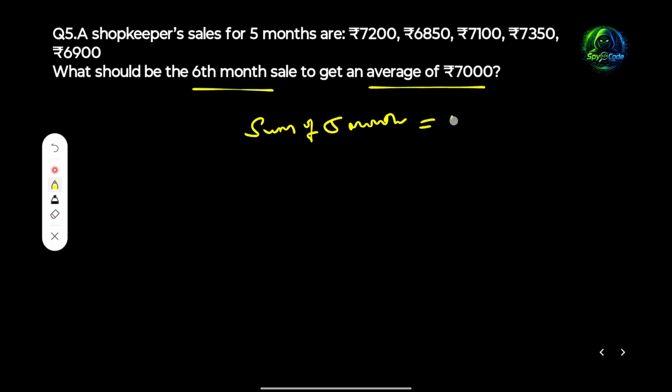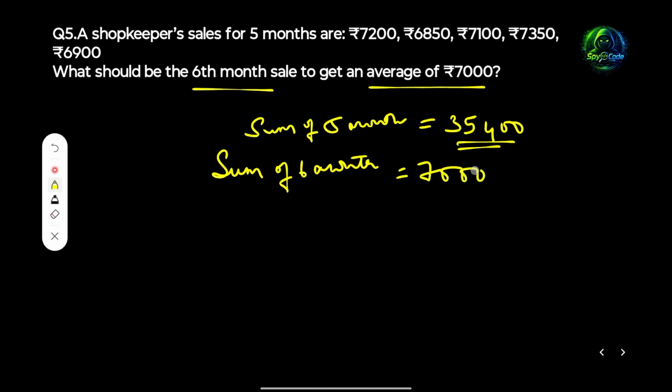Upon calculating this, we get around 35,400. And so we need to find the sum for 6 months. Sum of 6 months is equal to average 7,000 times 6, which is 42,000.